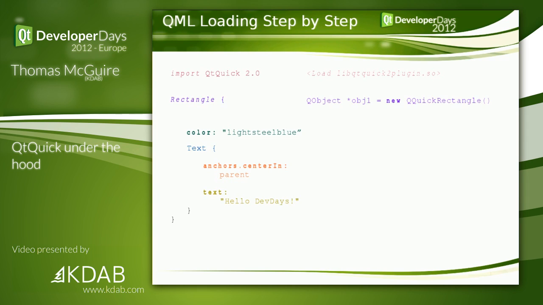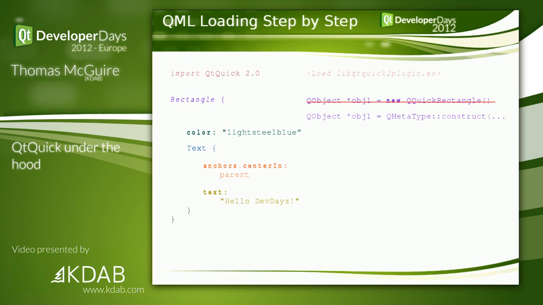So that's a little lie. It will actually call QMetaObject::newInstance. The reason for that is, of course, it doesn't know about QQuickRectangle since it's a plugin, so it can't instantiate the object directly, so it needs to use the factory method of the meta object system. But that's basically the same as this one. And because the QML engine doesn't directly know about the type, we have to do everything through the QObject pointer.